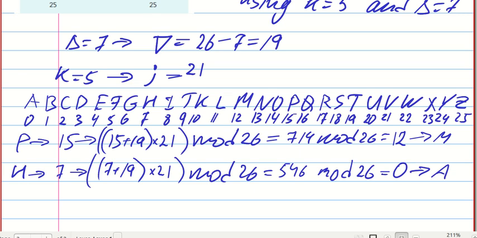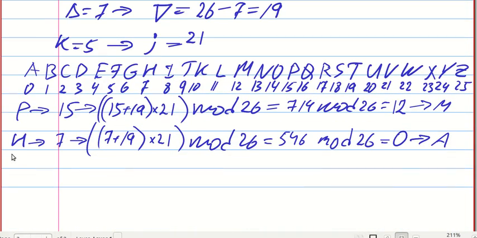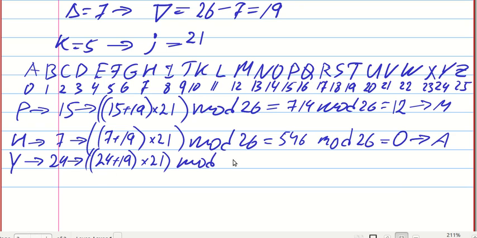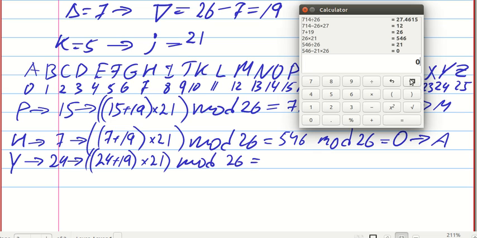The next letter that we're going to need is Y. So letter Y is 24. So we get 24 plus 19 times 21 mod 26. 24 plus 19 times 21, 903.